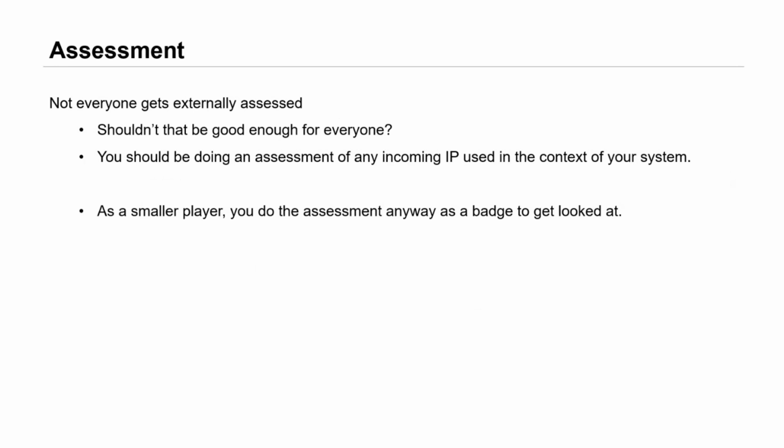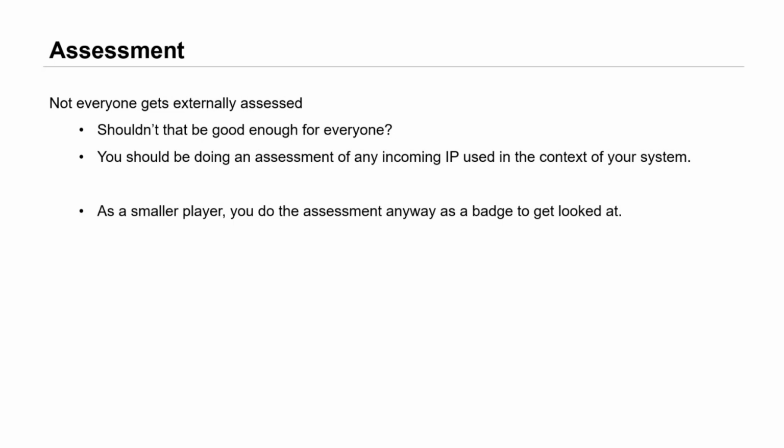And then assessments themselves. Not everyone actually gets externally assessed. Some of the bigger companies are big enough to assess themselves and people are quite happy with that. And if that's the case, shouldn't that be good enough for everyone? Particularly as if you're bringing in any IP from outside, you have to do an assessment anyway as part of the ISO 26262 flow, and you have to analyze it for usage within the context of your system.